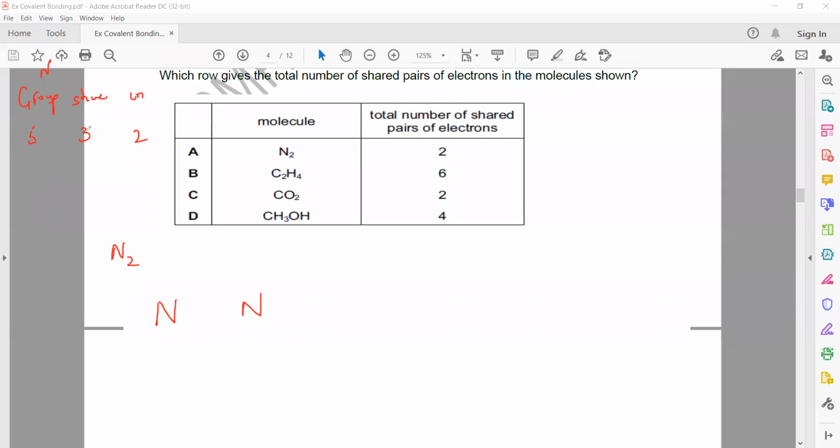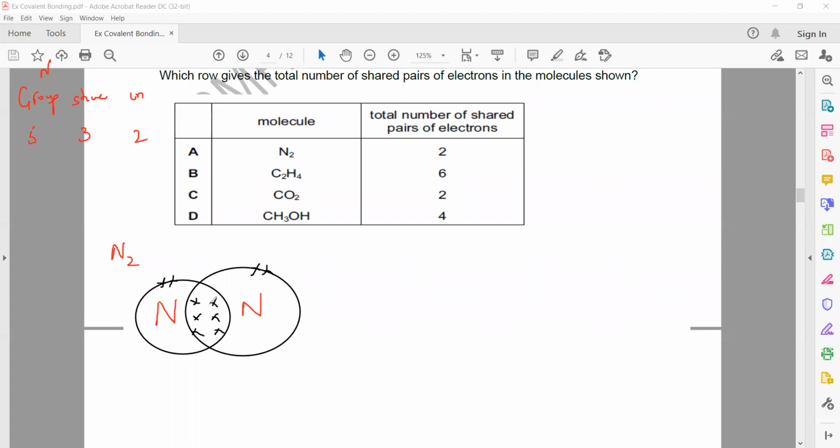The shared electrons we draw between them, so 3 shared electrons by each. So 3 electrons shared from the nitrogen on the left hand side and 3 electrons shared from the nitrogen on the right hand side. And there will be 2 unshared electrons, but they're only asking for the total number of shared electrons. We draw a circle and the unshared electrons we draw on the atom.